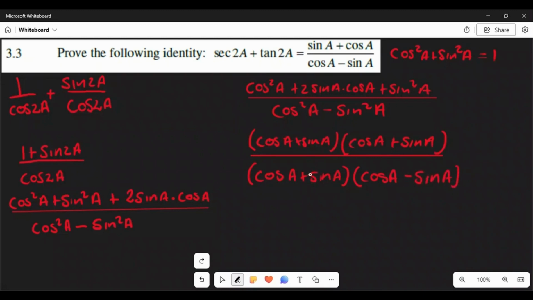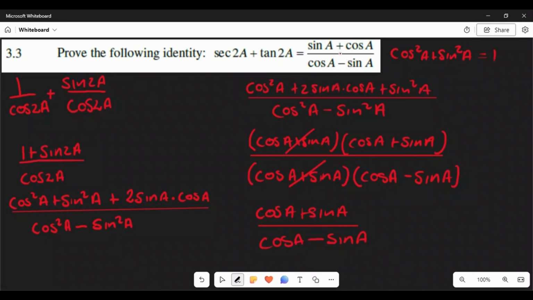So from here you can see we have cos A plus sine A, which is going to divide this cos A plus sine A, and in the numerator we're going to be left with cos A plus sine A divided by cos A minus sine A. As we can see, this is the same as our right hand side.